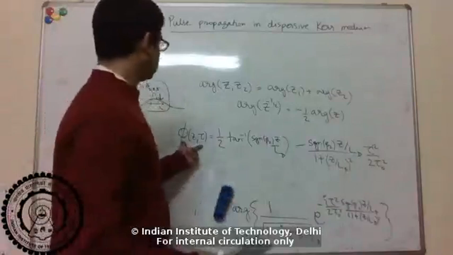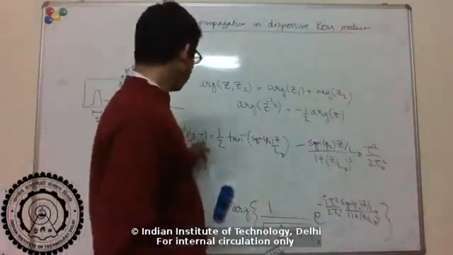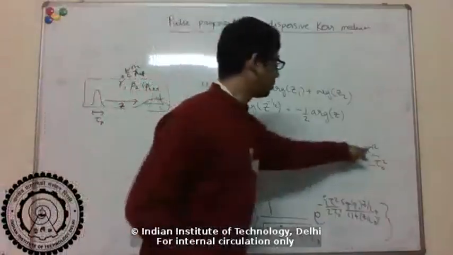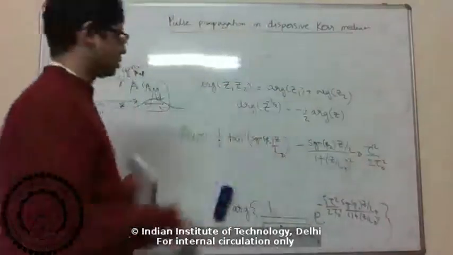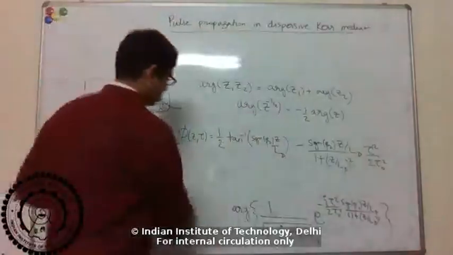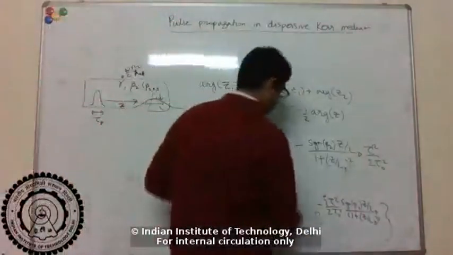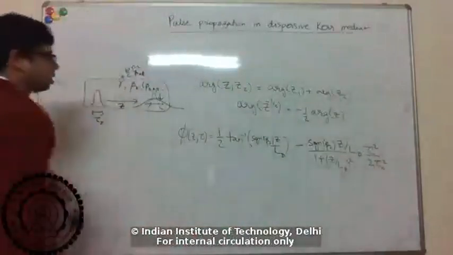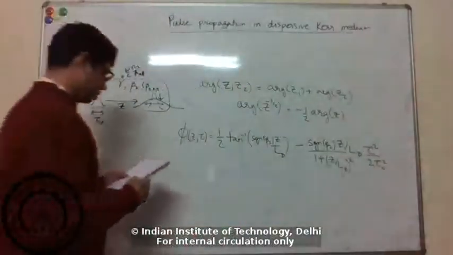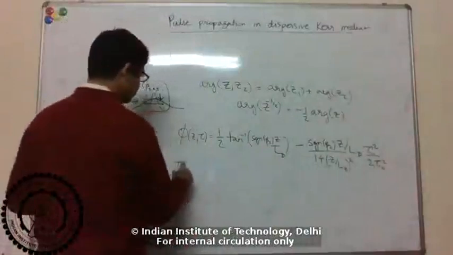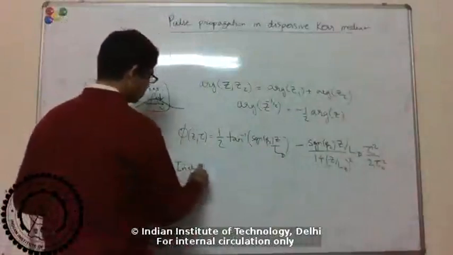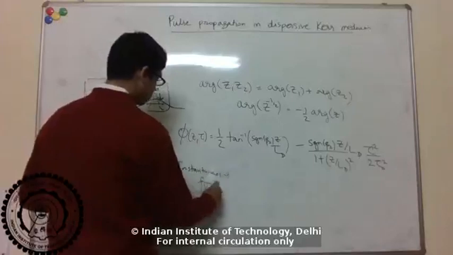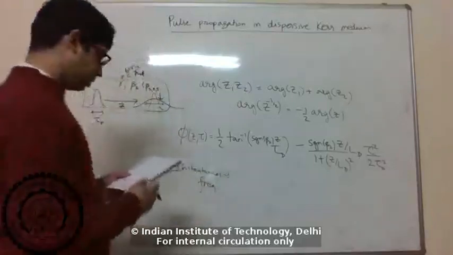Okay, so we get a temporal phase, right? Of course, which depends on the time within the pulse. We can define an instantaneous frequency, which is the derivative of this phase.